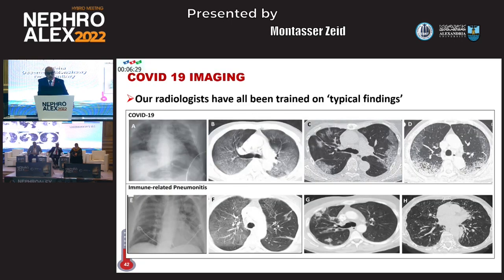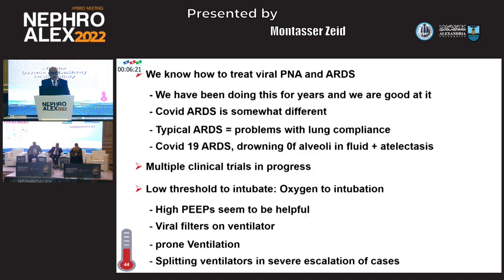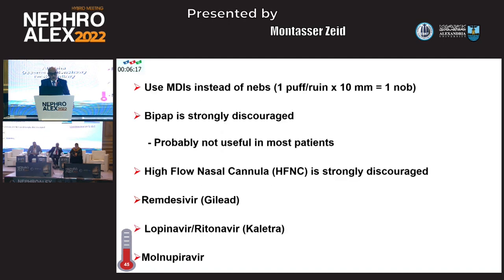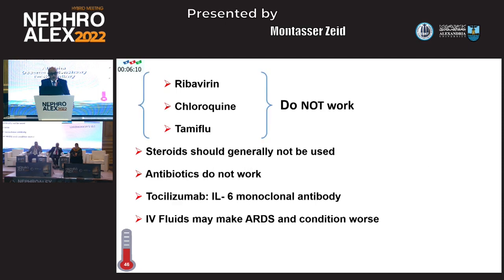On X-ray images and CT, typical findings are ground glass opacities in patients with COVID-19. For treatment, multiple clinical trials were tried, but now we accept remdesivir, lopinavir, and molnupiravir as recommended for treatment.